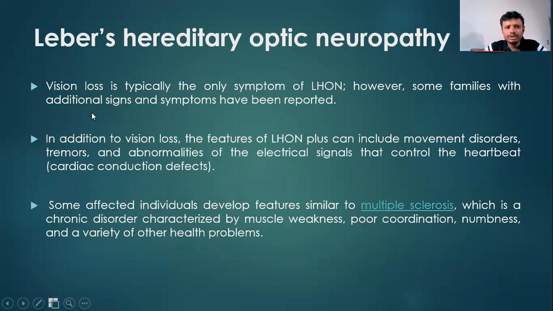However, some families with additional signs and symptoms have been reported which are related to neurological disorders. Some are affected with multiple sclerosis. There are also cardiac defects, and because it also affects the muscles, there could be some muscular deficiencies also. Is it clear? These are the two important disorders which we will come across with respect to mitochondrial mutations in human beings.